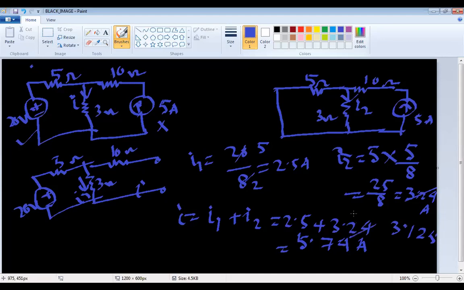So this should be 3.125. So then what will be this corrected value? 2.5 plus 3.125 is 5.625. Yes, correct.